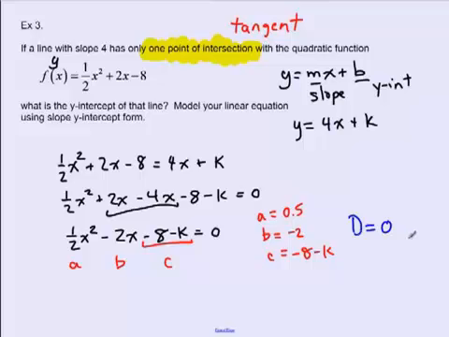With only one point of intersection, the discriminant has to equal 0, or in other words, b squared minus 4ac has to equal 0. So if I know that b squared minus 4ac equals 0, let's plug in our values for a, b, and c, and then try to solve for k. Because in the end, that's what we want, right? We want the y-intercept of our linear equation, or basically the k value. So let's sub them in and solve for k.